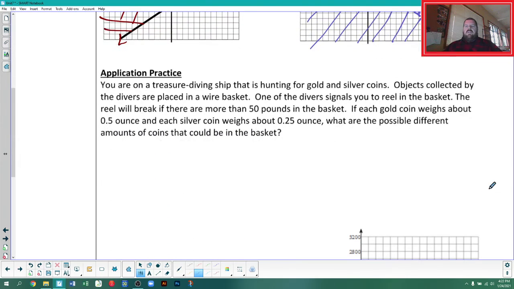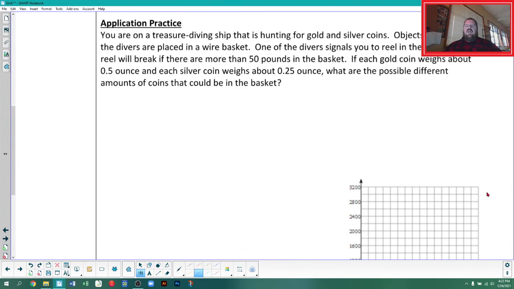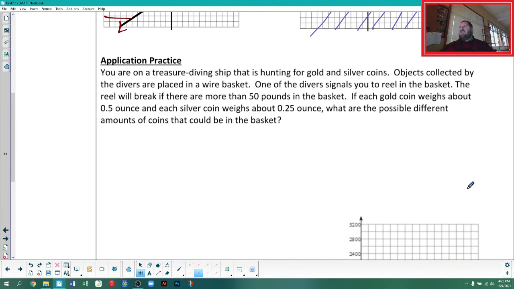All right, let's look at this application practice. So this is a good kind of multi-step problem to deal with. Let me make it to where you can read it. It says that you're on a treasure diving ship that is hunting gold and silver coins. Objects collected by the divers are placed in a wire basket.